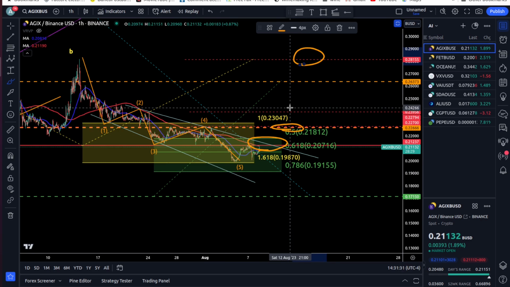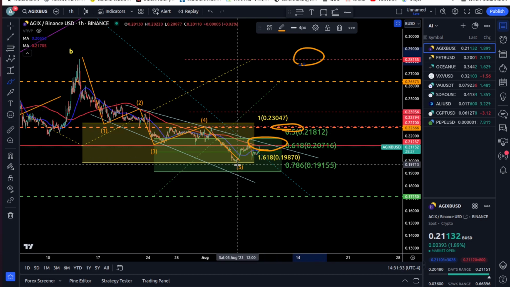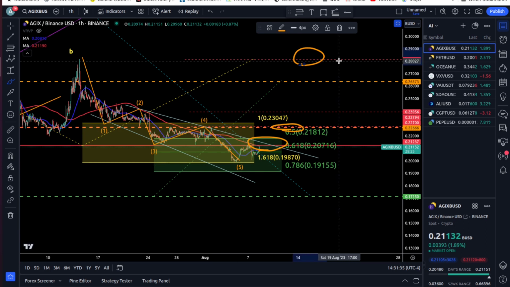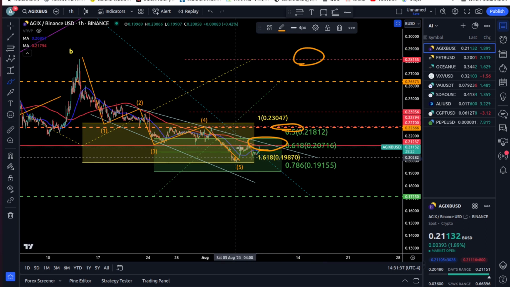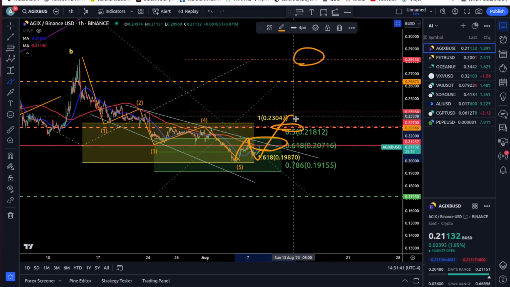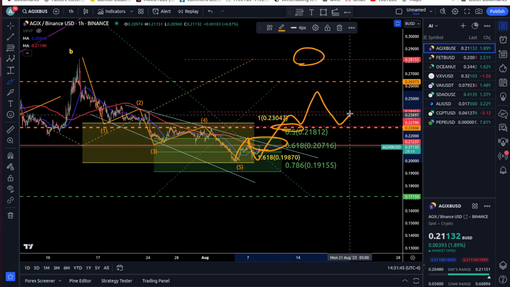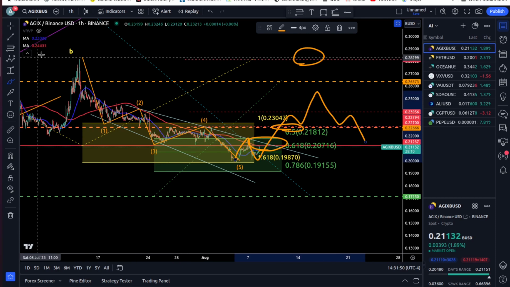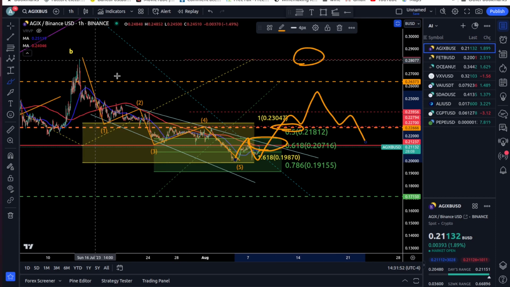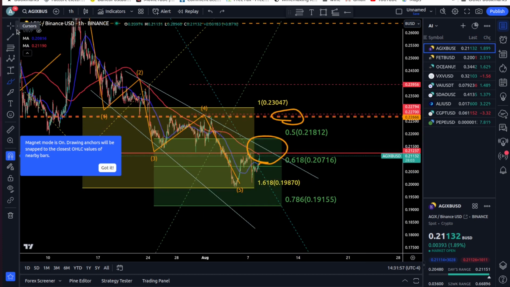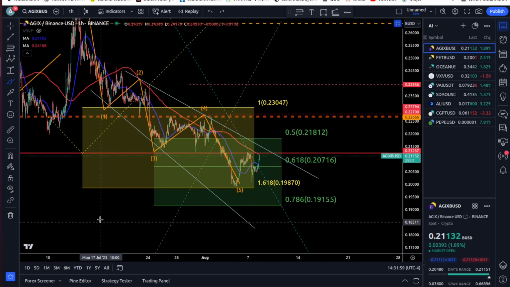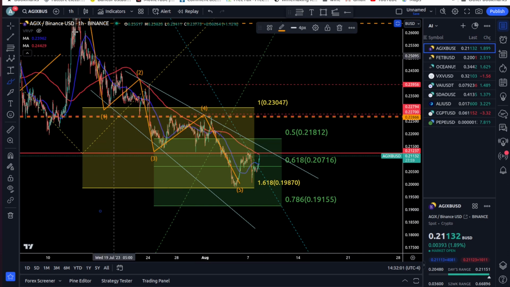I don't think so. So maybe it's going to be a 5-wave up. So maybe we did already the wave 1, the wave 2. Maybe we're going to do the wave 3, the wave 4, and the 5th wave. After that, we're going to make A, B, C, and after that, we're going to try to beat our previous B wave. All right, so let me take out these drawings now. I think we're done for today.